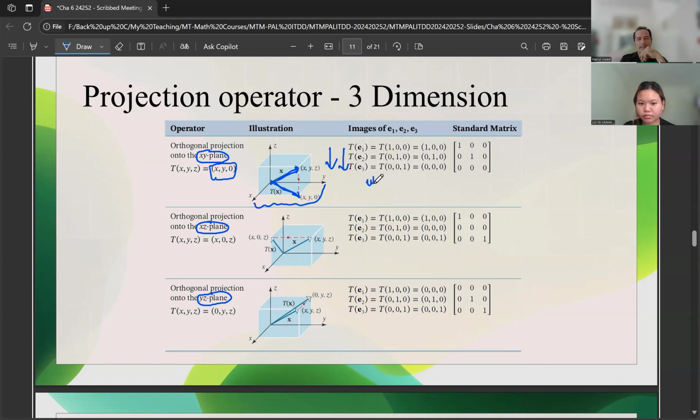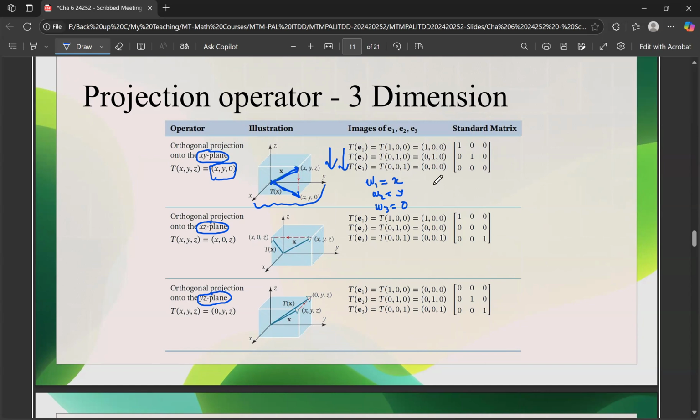So Y1 will be equal to X, Y2 will be equal to Y, and Y3 will be 0, because X, Y, 0. So in matrix notation, Y1, Y2, and Y3 will be equal to 1, 0, 0, 0, 1, 0, and 0, 0, 0.